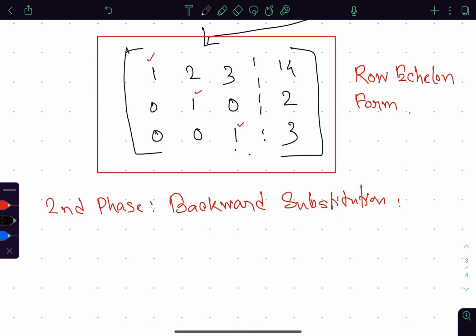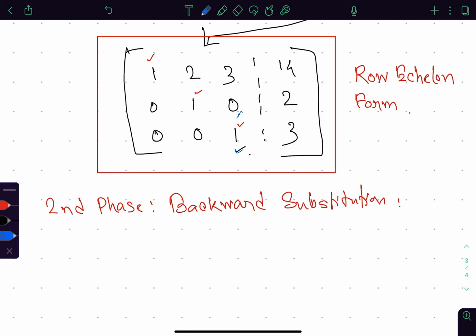So first this one we will do. If you look at the bottom right corner, we have the pivot, and above it we already have a 0, so we don't need to worry about that.